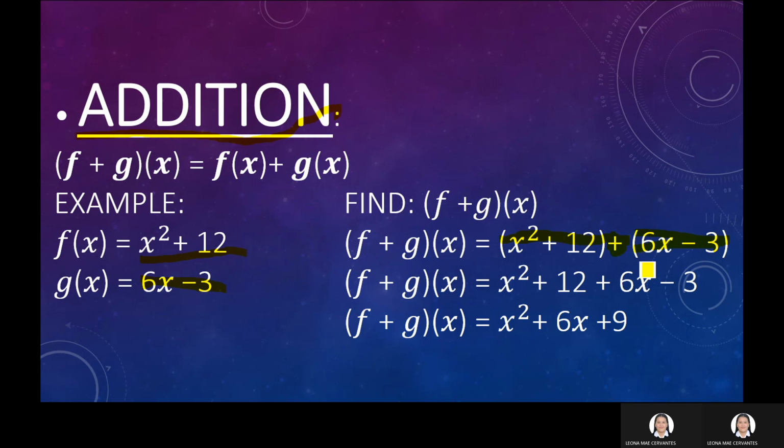Now, let's add. So we have x squared plus 12 plus 6x minus 3. So we have x squared, then 6x, 12 minus 3 is equal to 9.